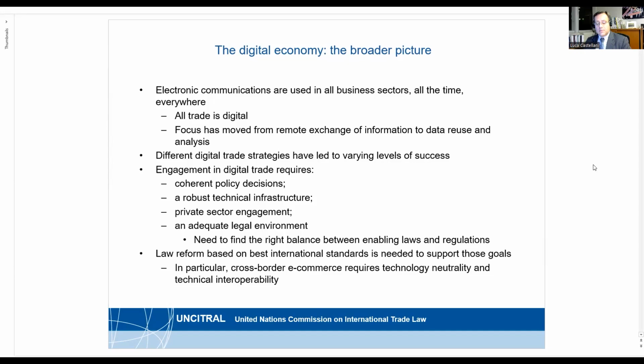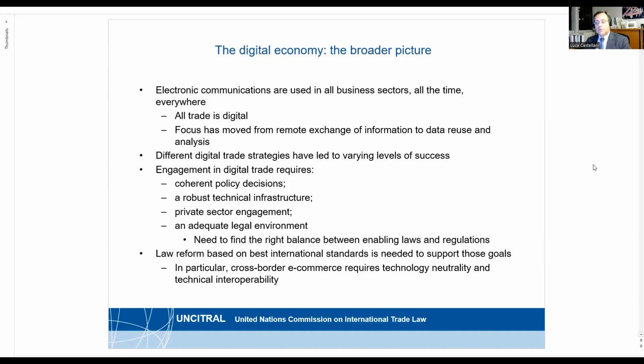Engagement of the private sector, because historically it is the private sector that develops the various solutions and that is able to support and promote progressive digitization. And then we need, of course, an adequate legal environment.